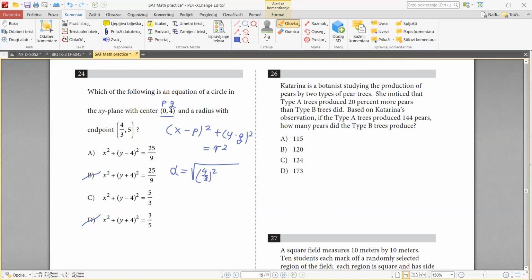This is the difference of x coordinates, and plus 1 squared, which is the difference of y coordinates of a center of a circle and the endpoint. This distance is actually radius. So we have square root of 16/9 plus 1. And r squared is then 25/9. So we'll choose answer A, not C.